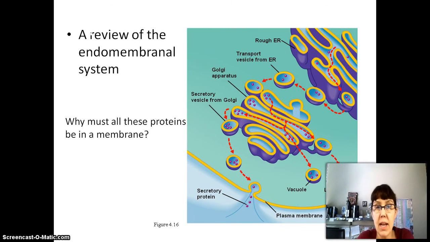So the endomembrane system has rough ER, transport vesicles, Golgi apparatus, secretory vesicles, and a lot of these proteins that are made have to be kept inside of membranes. The reason for this is that many of the enzymes in your body are made out of protein, and if those enzymes were floating around, they would be working on things that you wouldn't want.